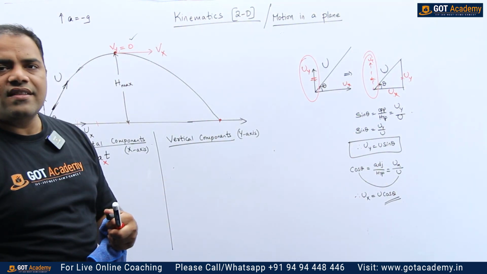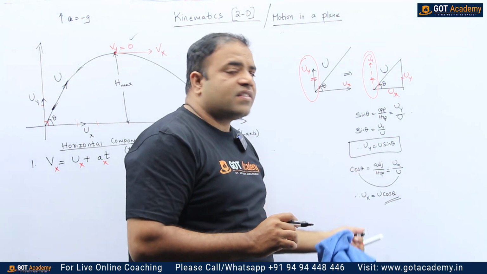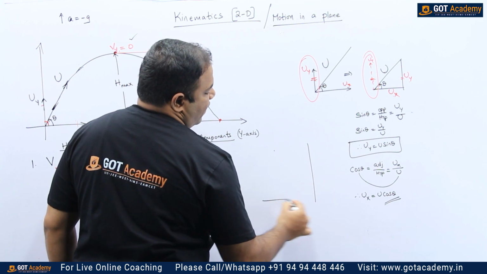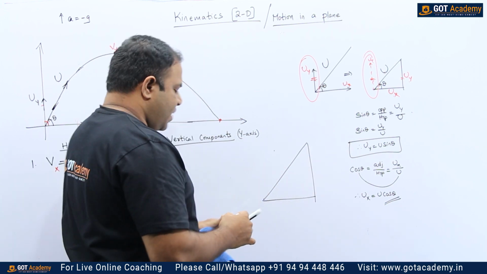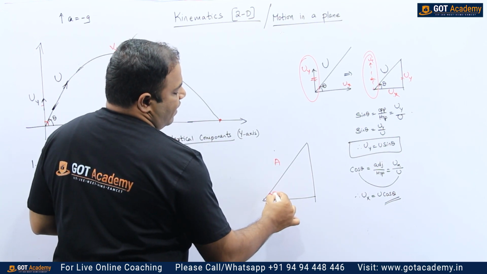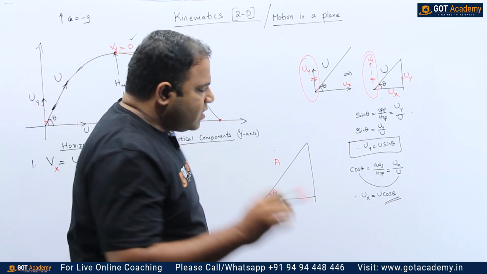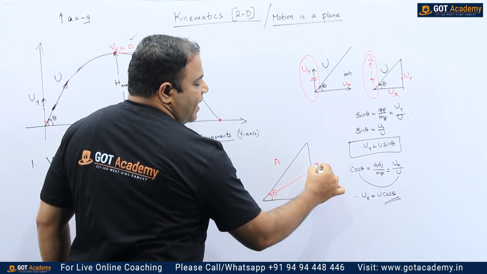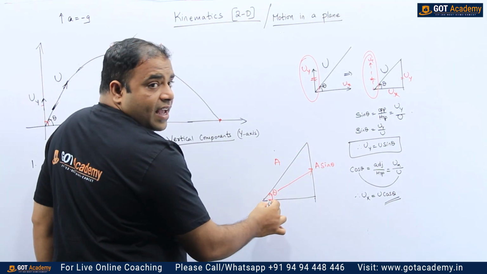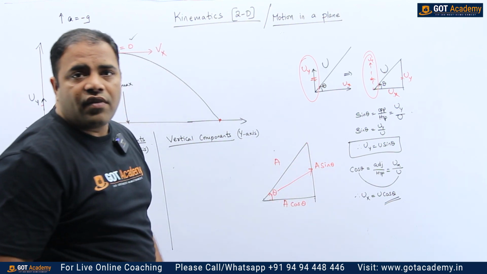So like this I will get x and y. So the direct way of remembering all these things is that instead of writing all these things, what I follow is that, suppose a triangle is taken like this, that it be u or v or whatever it may be. Suppose it is a and the angle is theta with respect to horizontal, that is x-axis. So the one that is opposite to theta is sin theta. Remember like that. The side that is opposite to the angle is sin theta and the other one will be cos theta. This is the direct way of remembering.